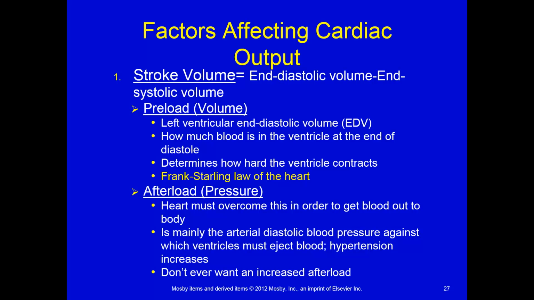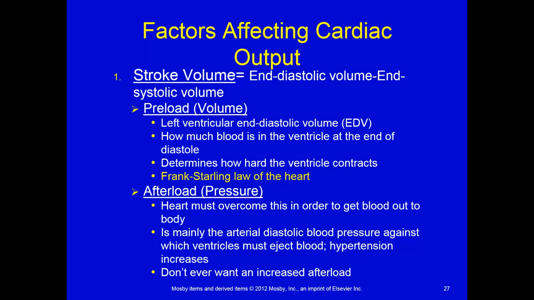Preload is the amount of blood or the volume of blood in the ventricle at the end of diastole, at the end of relaxation, okay? So basically, in other words, how much blood is in the ventricle at the end of diastole? That's the preload, okay? How much blood is sitting in the left ventricle at the end of filling, at the end of diastole, at the end of relaxation?